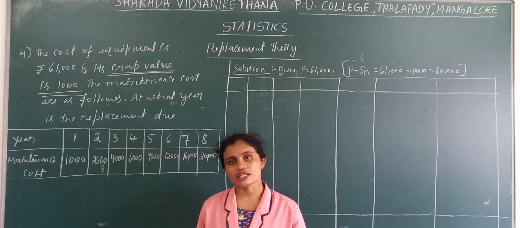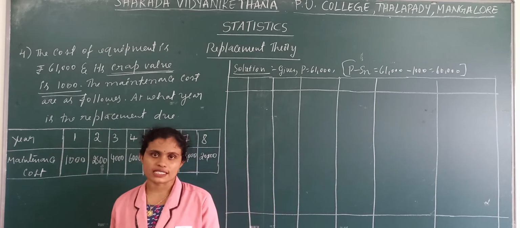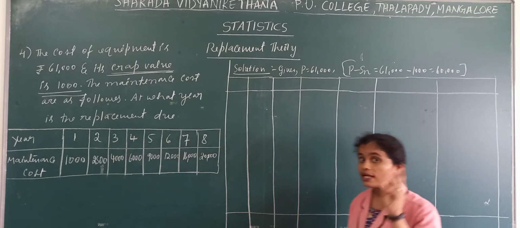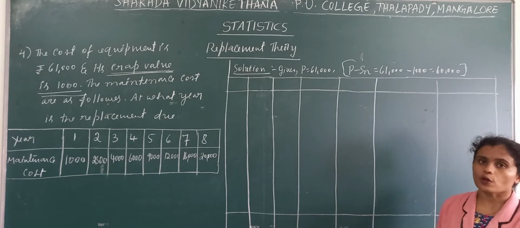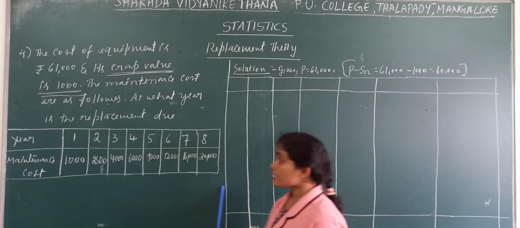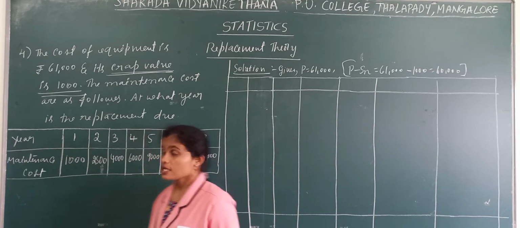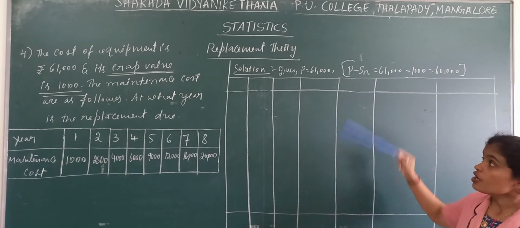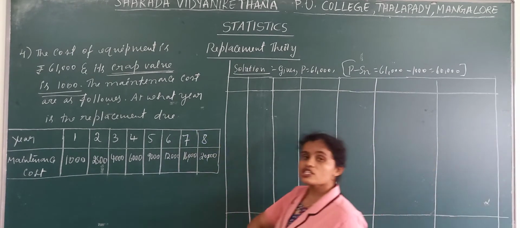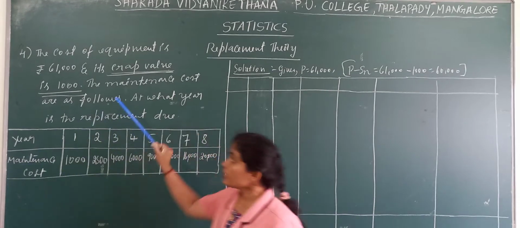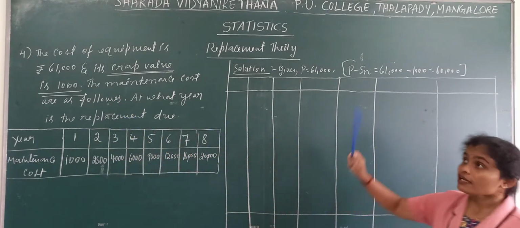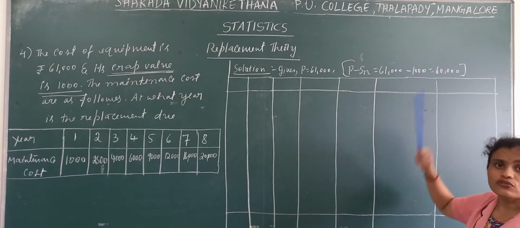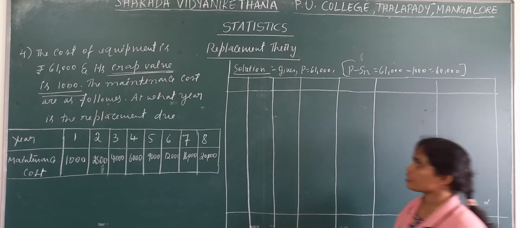We need to consider only one scrap value, or SN, for all the years. So altogether we have now seen three kinds of problem. One is where there is a scrap value for different years, so we get different P minus SN for different years. One where there is no scrap value, 0. And one more we are seeing today, where there is only one scrap value for all the years. Total three kinds of problem.